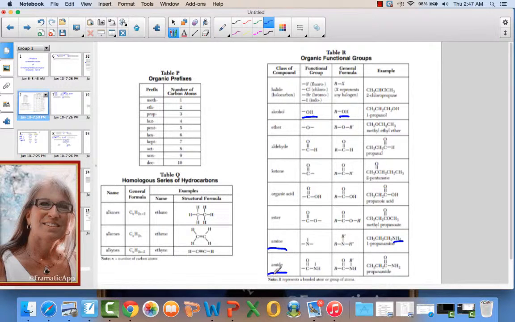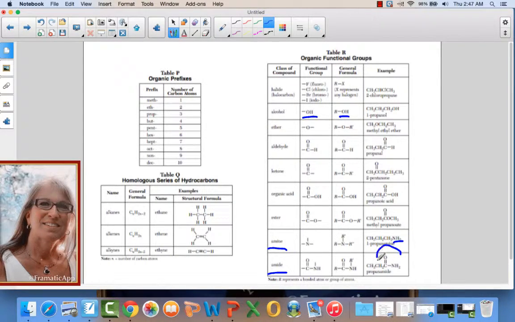So acetamide is an amide, and you can see right here by looking at the functional group that the O has to be a double bond and then your NH2. And actually, here is propanamide. So all you had to do is make sure that the ending looked just like this one. Okay?